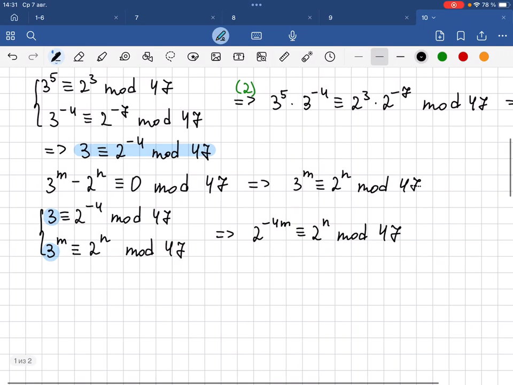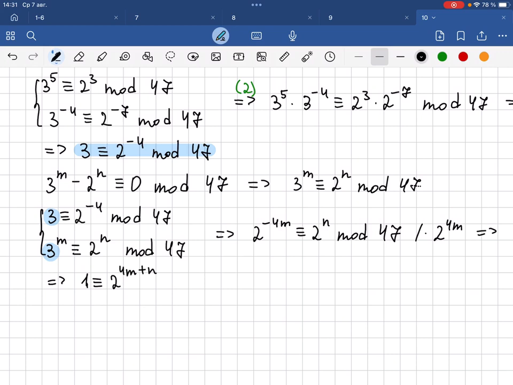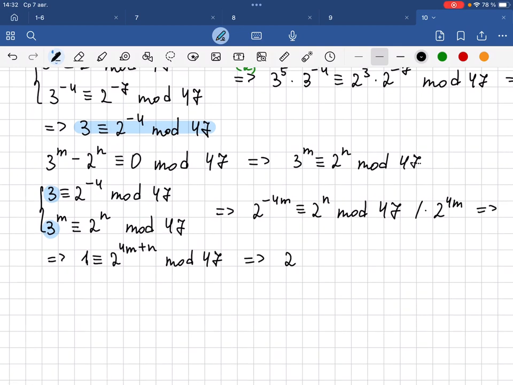And we can multiply both sides by 2 to the power of 4m. So 1 equals 2 to the power of 4m plus n mod 47. Consequently, 2 to the power of 4m plus n equals 1 mod 47.